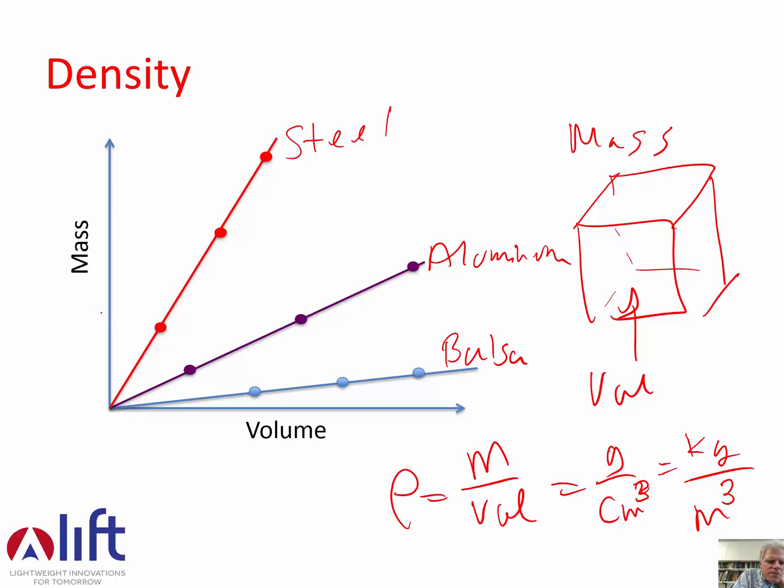So if you have a given mass of material, say a kilogram of material, and keep that constant, what we can see is you get a lot more aluminum for a given mass than you do steel. And it turns out the density of aluminum is about 1/3 of that of steel. So you actually get 3 times as much aluminum at the same mass. That's why things like aluminum, balsa wood, magnesium are such great materials for lightweighting. You just get more of them for the same price, or for the same mass, I should say.